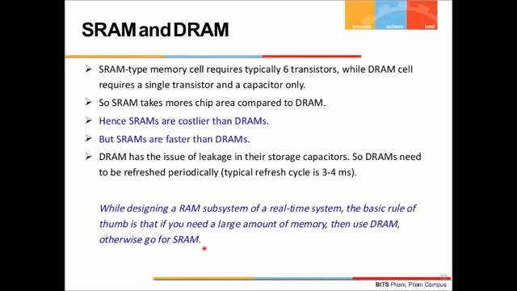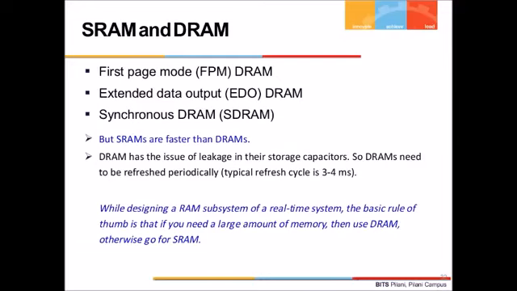From the CPU perspective, the cache memories are primarily SRAM, whereas the RAM memory, where you download the operating system and run it, is primarily DRAM. All the caches are SRAMs, because you need faster access between the CPU and the cache.